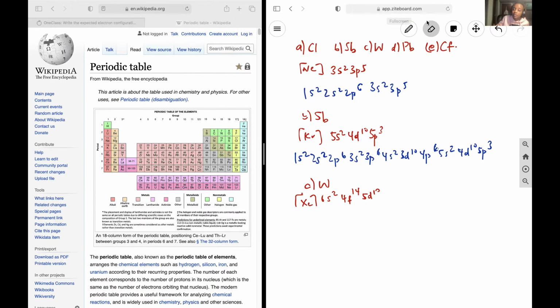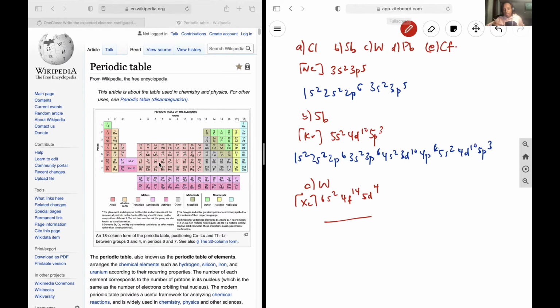So it's actually going to be 5d4, and that is going to be the final answer. 5d4, sorry. This is included. So 1, 2, 3, 4, 5d4. And then that's it.